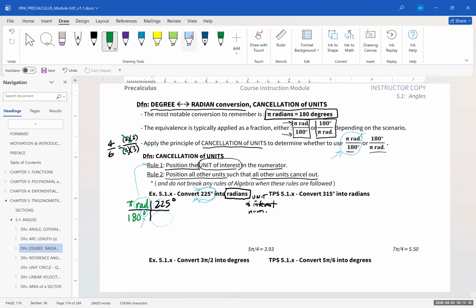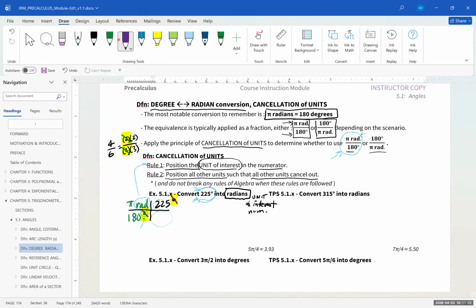Well, this process of canceling like factors in the numerator and denominator also works with units. So if we have units of degrees in the numerator and units of degrees in the denominator, these units cancel. Just the units, not the number, just the units.